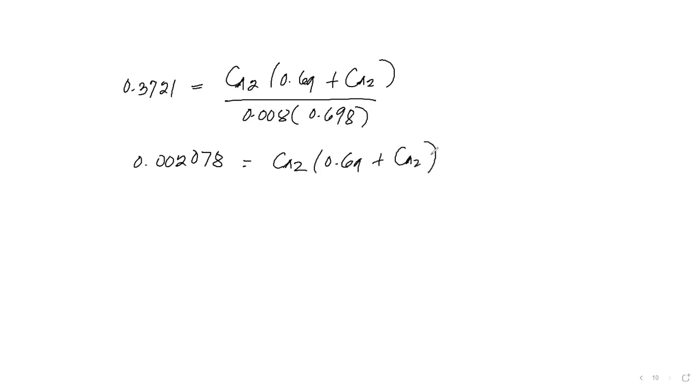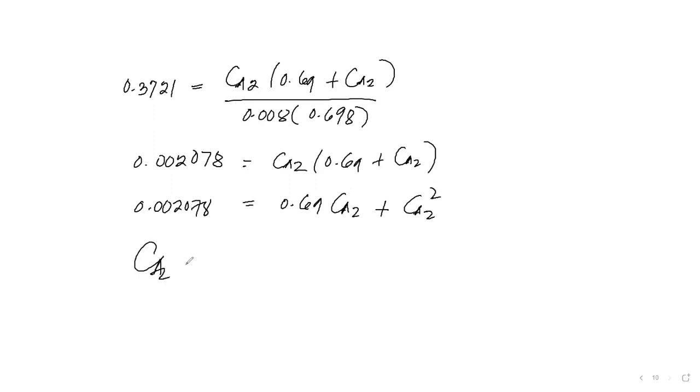So this is a quadratic equation. You will have here 0.69 Ca2 plus Ca2 squared. And you have here 0.002078.